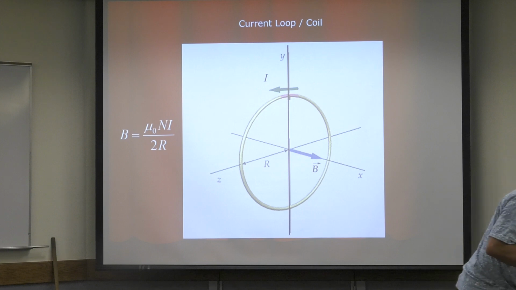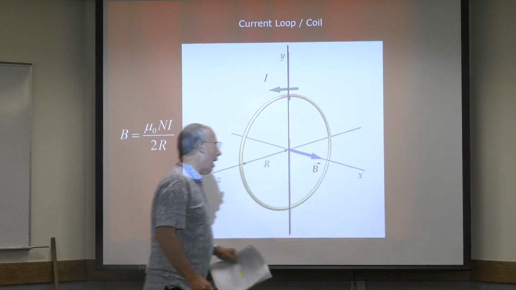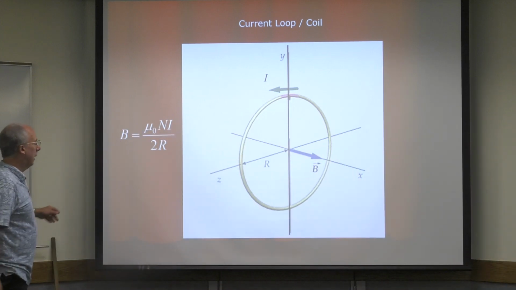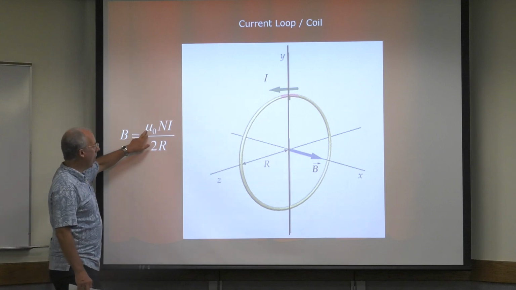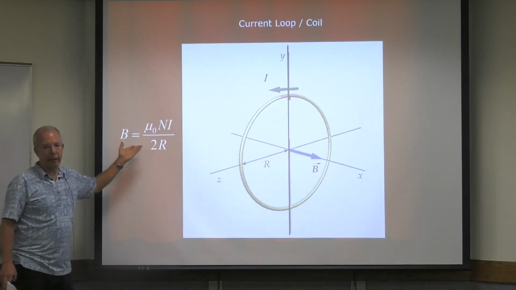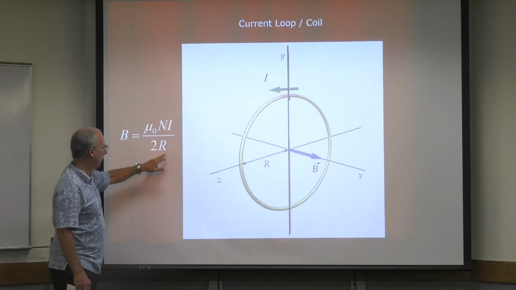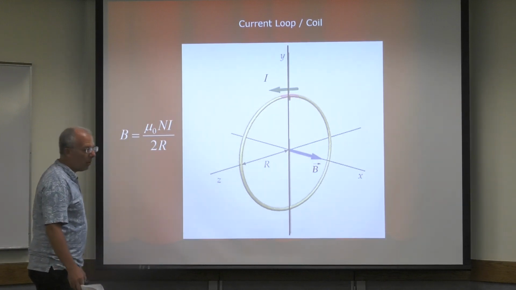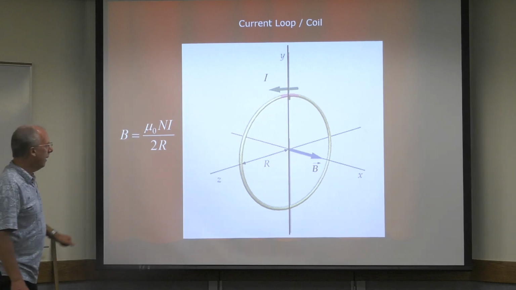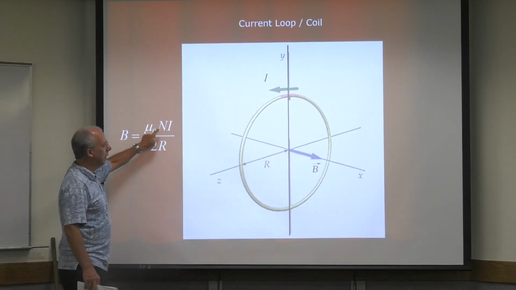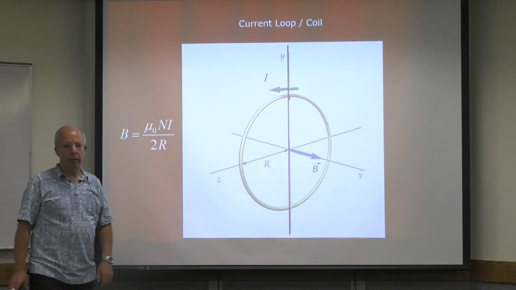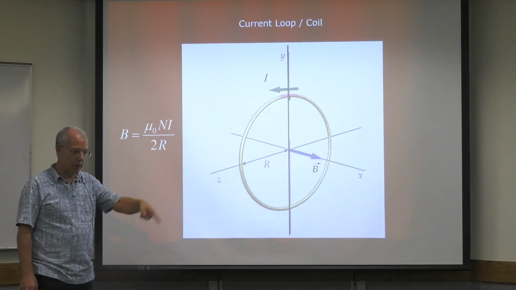And using calculus, you can figure out the answer. So the answer is mu naught. You're always going to have this mu naught with magnetism. So mu naught I, over 2r. So it's similar to the straight wire, right? Now, uppercase N. Uppercase N in this chapter is always going to be the number of loops, right?